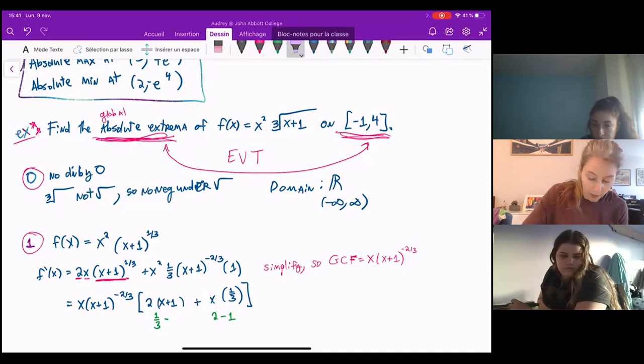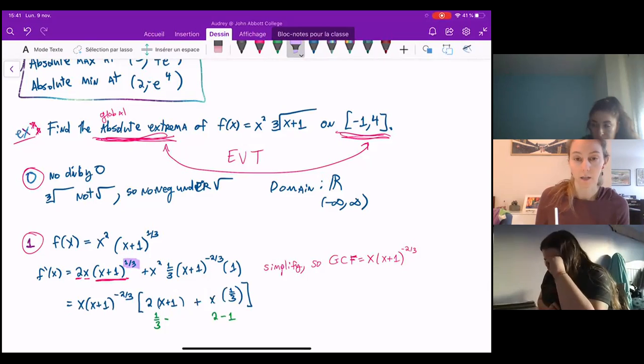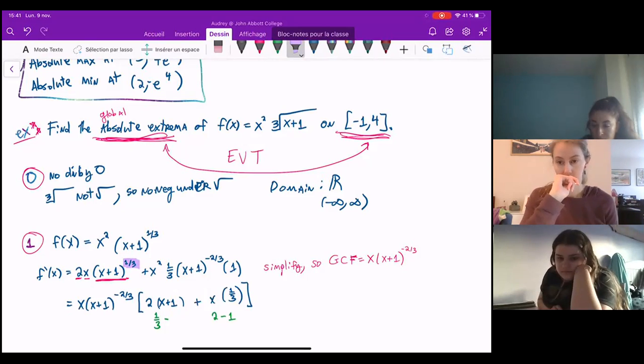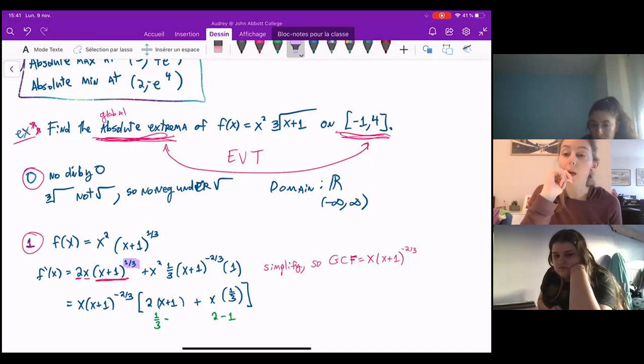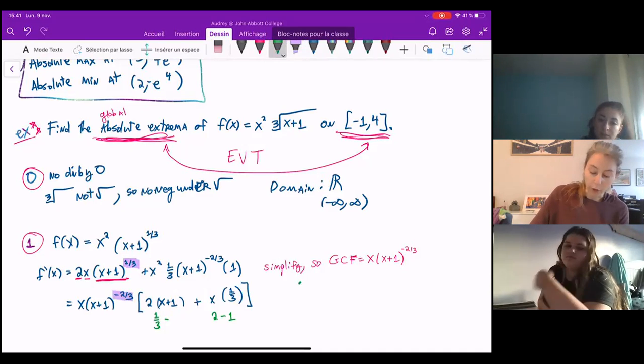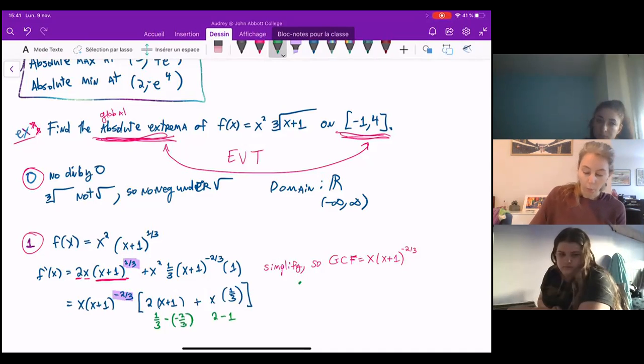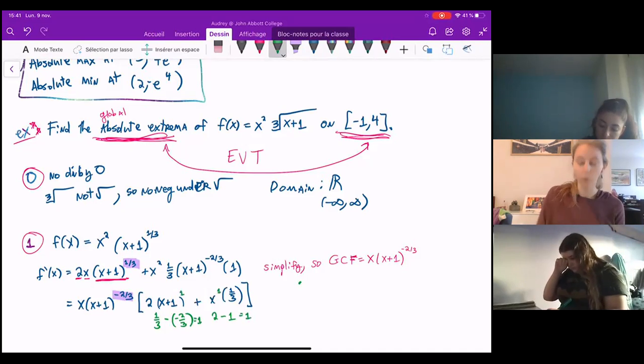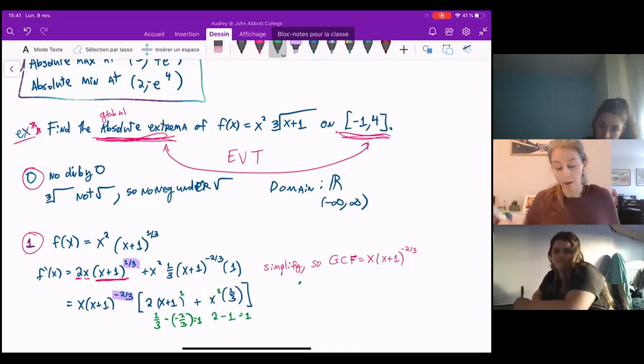How many am I taking away? I'm taking away negative 2/3. You got it. So that means I'm doing 1/3 minus negative 2/3, which equals 1, which means my new power in both of these cases is 1.